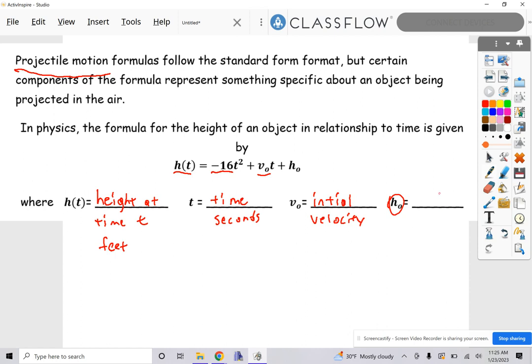H naught, which is probably one of our more important numbers here, is going to be our starting height. Okay, so in a few minutes, we're going to be getting some problems, and it's going to ask, hey, what is the starting height? Which is just going to be this number right here. Okay, so remember that for when we get to those parts.